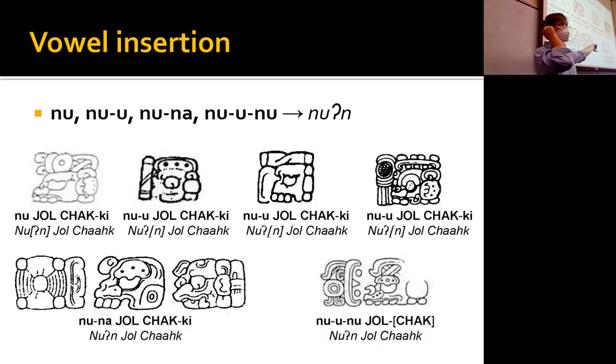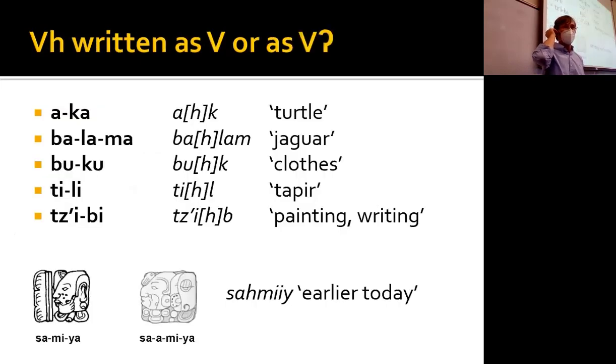Unfortunately, there are very few examples like that. There are also a few cases in Western dialects used in Maya writing where the H is inserted into the syllables and usually not represented at all in writing, like in Ach, Bachlam, Buch, Tihl. But in the Western dialects, they often pronounce it as a glottal stop. So you get this weird combination.